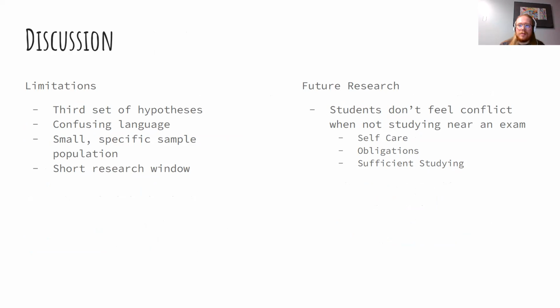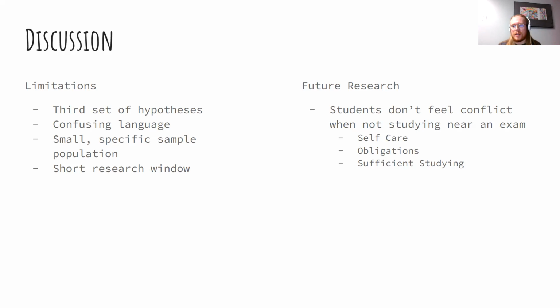There was some confusing language in there, although I do believe the initial results were published in German, so there might be some confusion coming from the translation of things. They had a very small and specific sample population, as well as a short research window, but for what they got, I think they did a pretty good job of their findings. They were useful and pretty sophisticated.